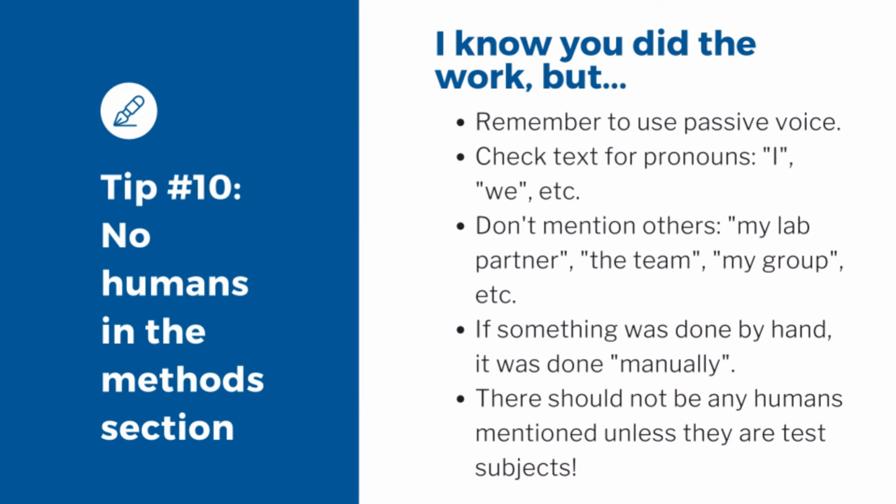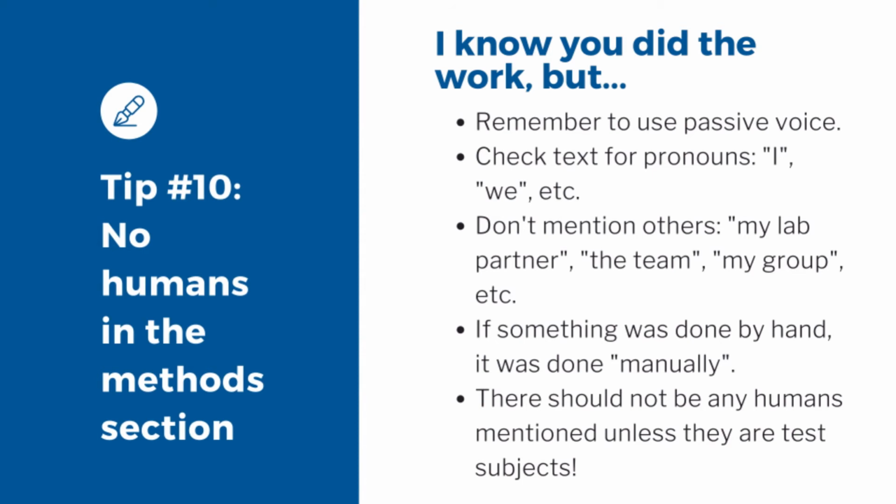For example, next, we measured the sample using a caliper could be changed to the sample was then measured using a caliper. Lab partners or research teams sometimes show up too, as in, my lab partner used a multimeter to measure the resistance of the circuit. Written properly, this sentence should be something like, the resistance of the circuit was measured using a multimeter.